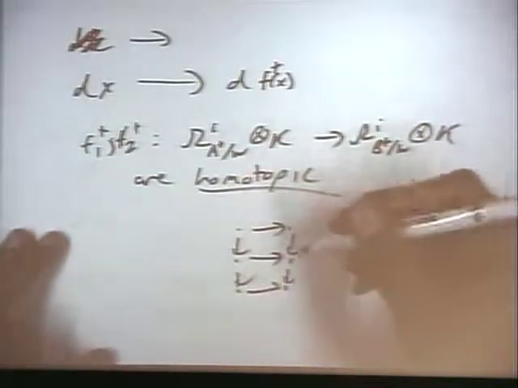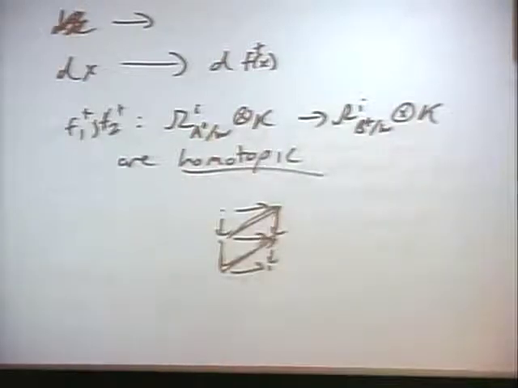What it says is that you have maps going from the left side up, and then if you go around this way and around this way and add the two things together, you get the difference between the maps going across. This is not meant to teach you that. It was merely meant to remind you of it if you've seen it before. The point is that if you have this condition, this implies that the maps induced on cohomology are the same. That's an easy exercise if I actually wrote out what it said.